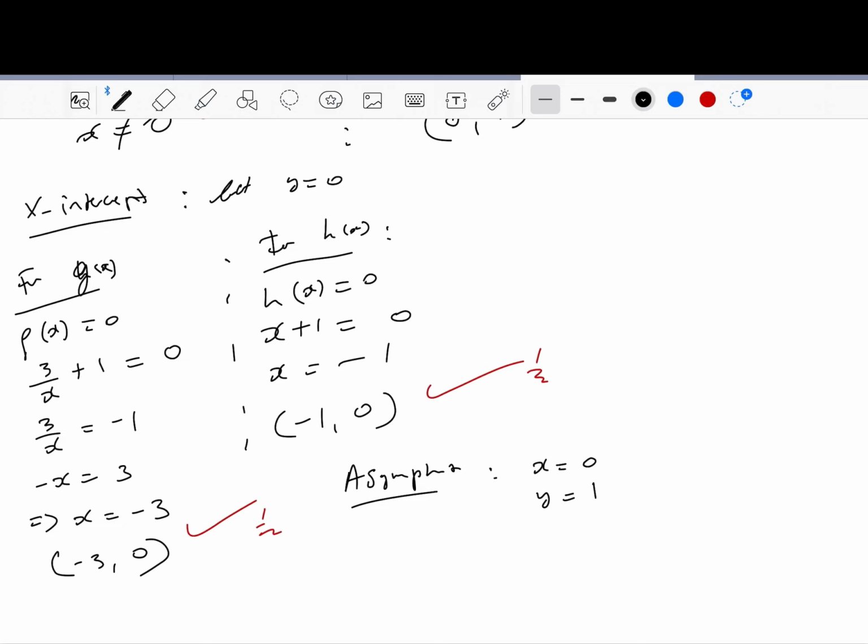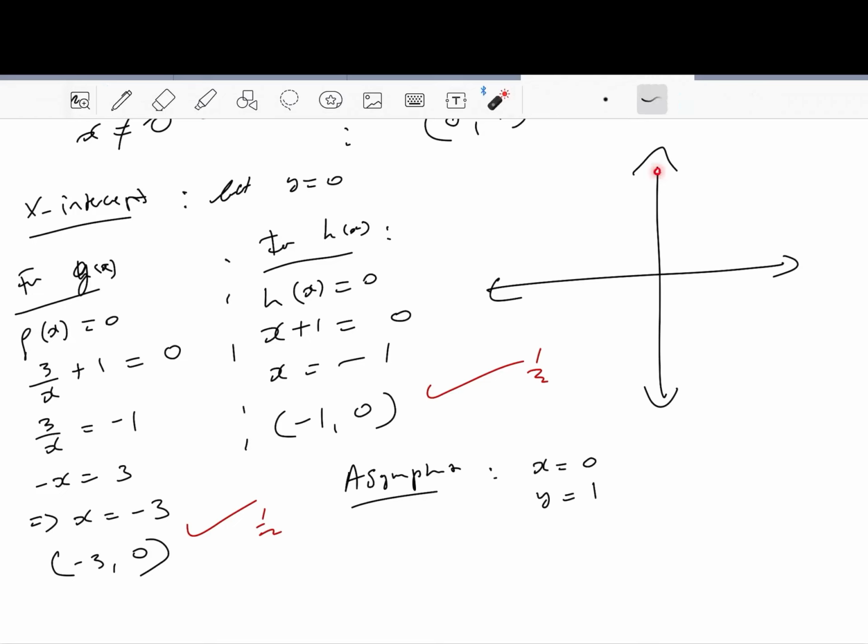From here we can now draw or sketch our graphs. Number 1, the asymptote. Remember, this is the y-axis and this is the x-axis, so our vertical asymptote is x equal to 0, and our horizontal asymptote is this one, y equal to 1.